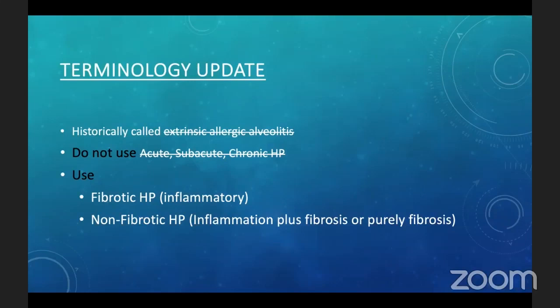So you would classify it either into fibrotic hypersensitivity pneumonitis or non-fibrotic hypersensitivity pneumonitis. The non-fibrotic one is the inflammation stage, and the fibrotic one is the one that has a combination of both the inflammation and the fibrosis, or a purely fibrotic end-stage hypersensitivity pneumonitis.